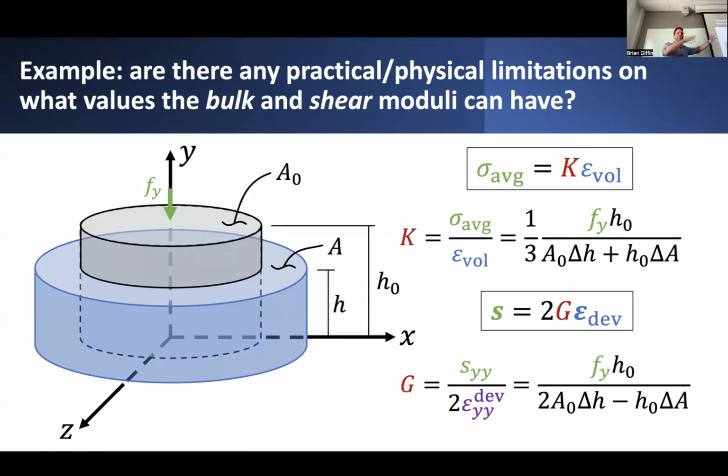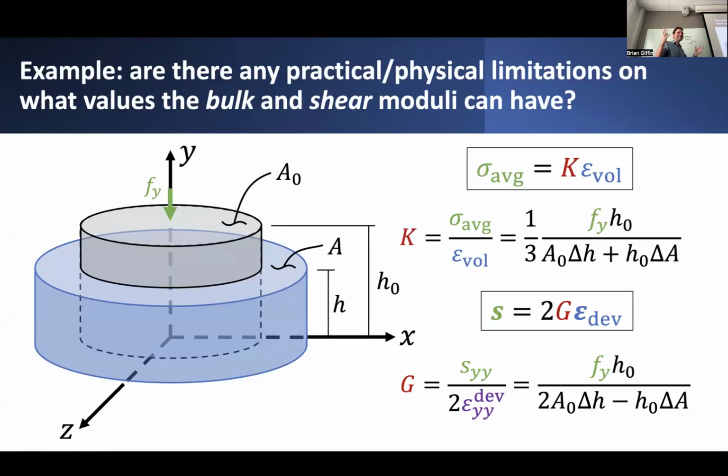So purely from this experimental data, and making a few manipulations in terms of how we represent stresses and strains in terms of these two decomposed deformation modes, we can directly determine the bulk modulus and shear modulus of this chunk of material. So that's pretty cool. From this single experiment, we totally characterize the elastic properties of this specimen.